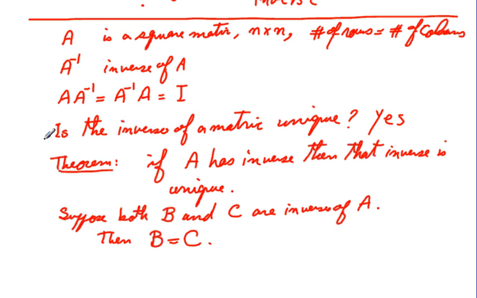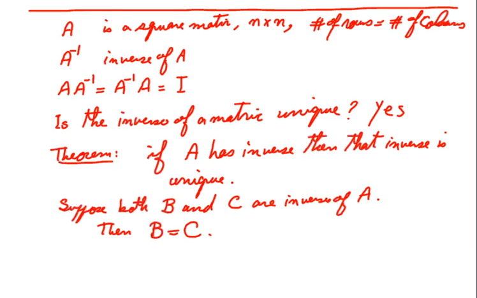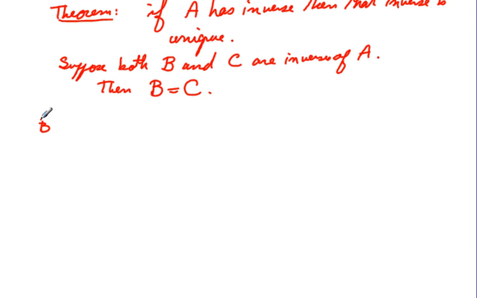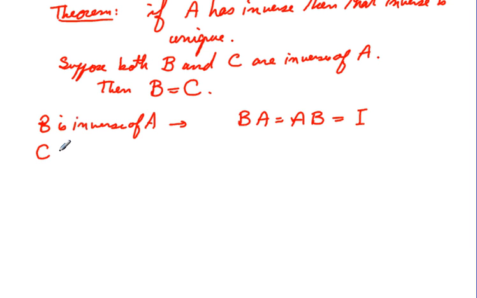Well, we said inverse is a matrix that if you multiply with the original, you get identity. So if you say B is inverse of A, that means if I multiply it with A in either style, what do I get? Identity. You are also claiming another matrix C is inverse of A. So what does that mean? Same thing, is that right?